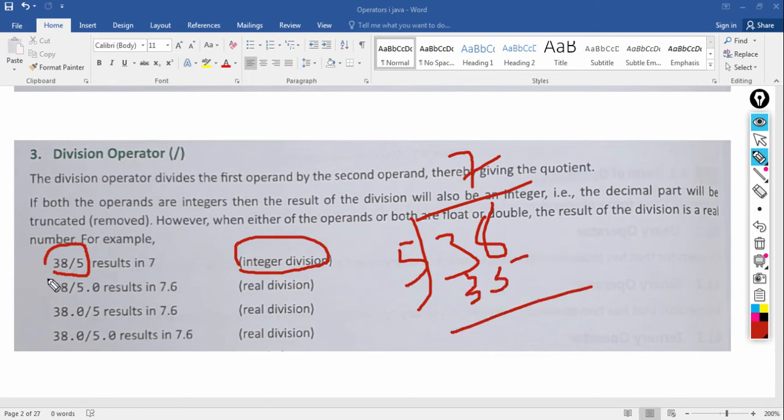So if you divide 38 by 5, the result will be 7. It will not be 7 point something. If you continue with the division, you can put a decimal here and it will actually be 7.6, isn't it? But since 38 and 5 both are integers, the result will also be an integer. 0.6 will not be taken into consideration. The result will be 7.